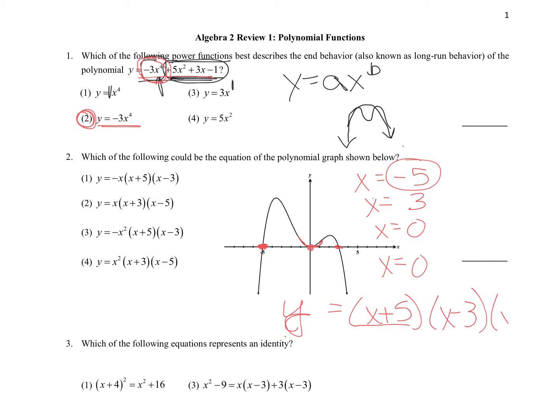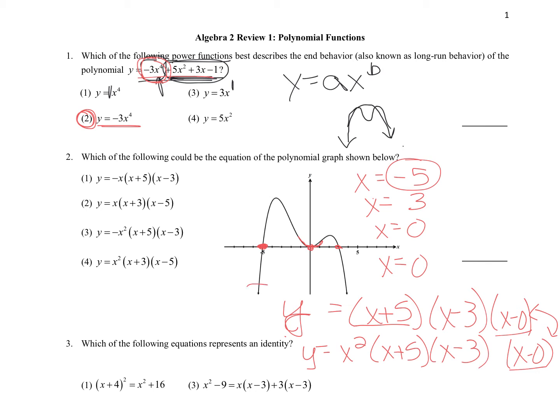And then here I have x minus 0 and x minus 0. Both of these factors reduce to just x's, and if I put them together, I would get x squared. So currently I have the function x squared, x plus 5, x minus 3. So that's from the roots.